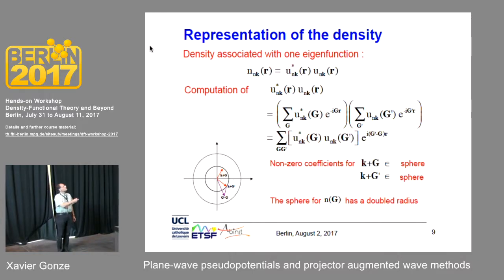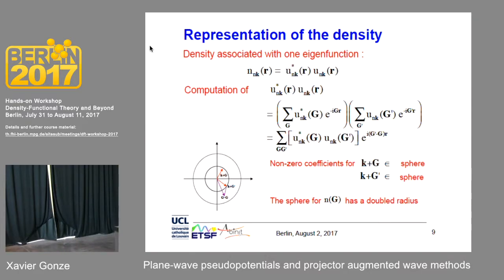From this k plus g, from some wave function, and this k plus g prime from the other wave function, we make the difference and obtain a vector that is outside of this original plane wave sphere. But that's not a problem. Indeed, for densities, we consider a plane wave sphere that is of double radius with respect to the wave function. And still, it's an exact expansion of the density.